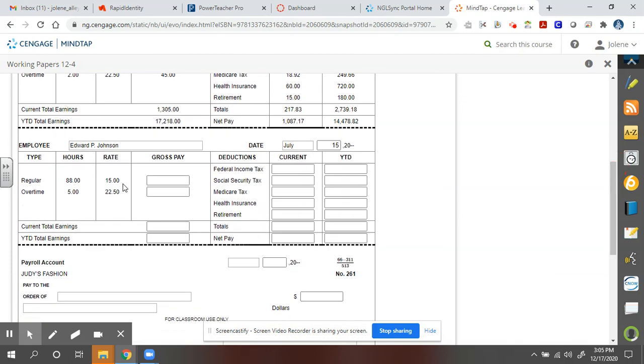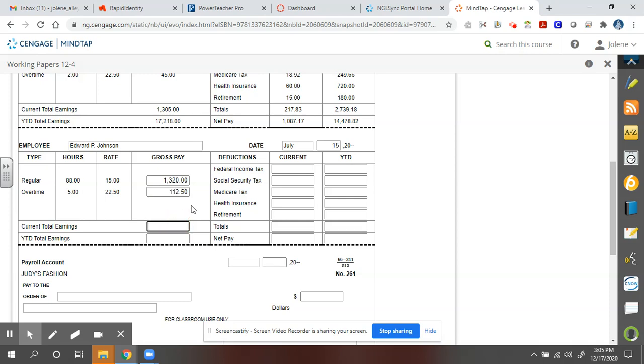Now, regular hours, 88 times $15 should be $1,320. And he had 5 hours of overtime at $22.50, $112.50 for his overtime.